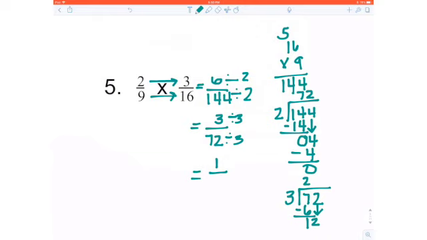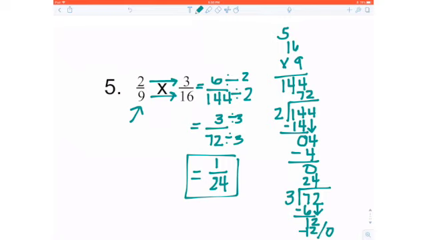Bring down the 2. 3 goes into 12 4 times. 12 minus 12 is 0. So that means that this is 24. This is the answer to this.